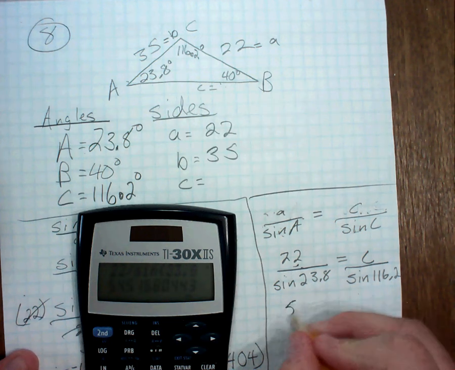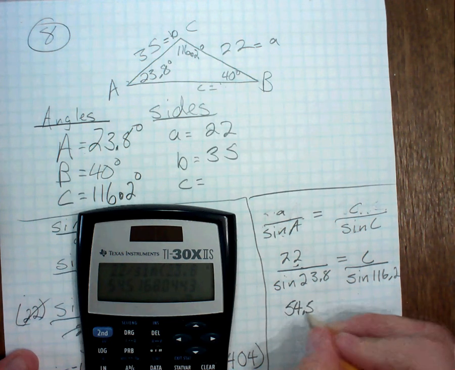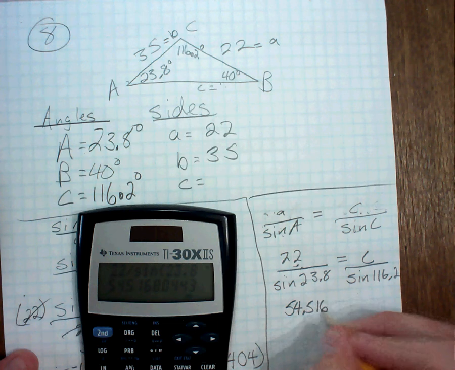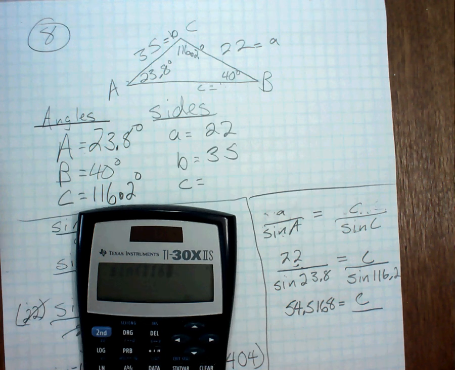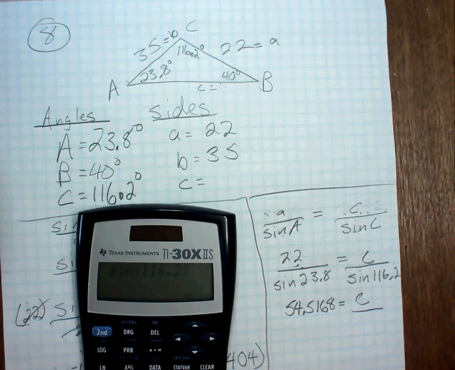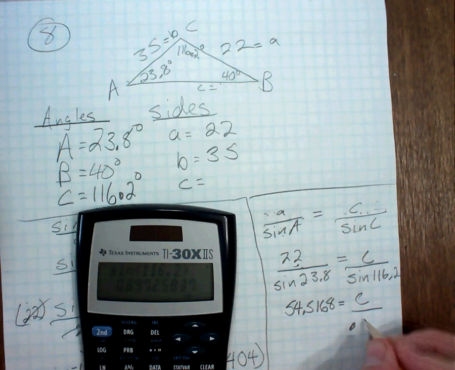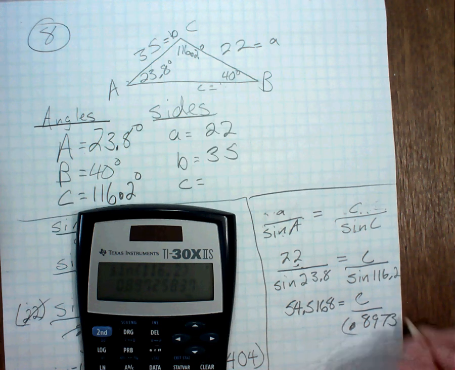and I get 54.5168 is equal to c over sine of 116.2, which is 0.8973 approximately.